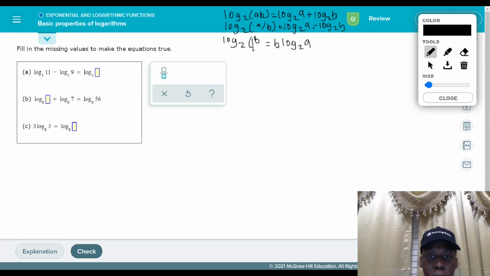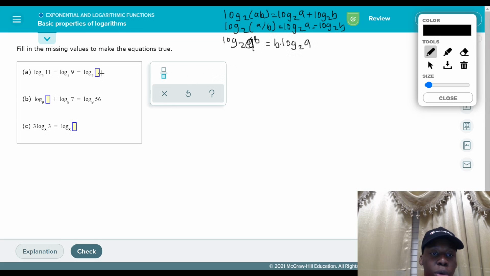Whenever we're given a logarithm in this form, like log 2a raised to the power b, it's the same thing as b times log 2a, because we put the power in front of the logarithm and multiply it by the logarithm of a.